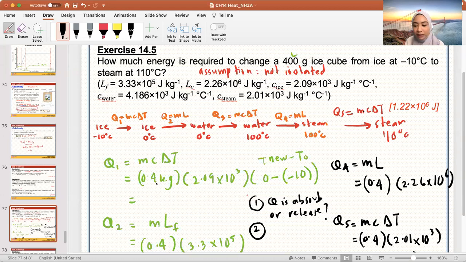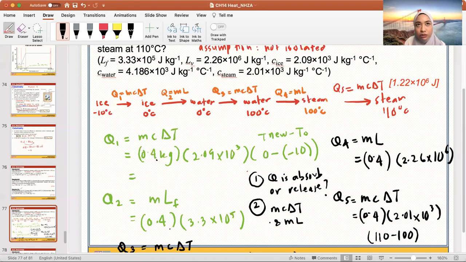It's not mc delta T, mc delta T, mc delta T, and it's not mL, mL either. It changes. So mc delta T and mL should alternate. There's no mL and then mL.